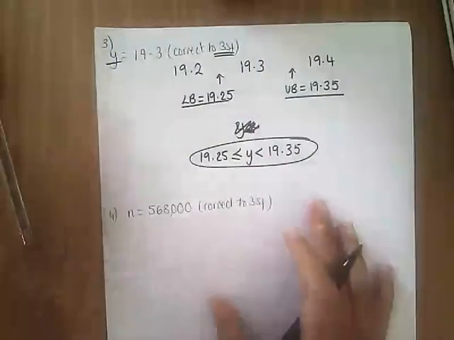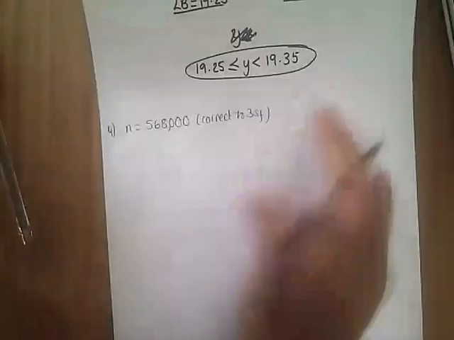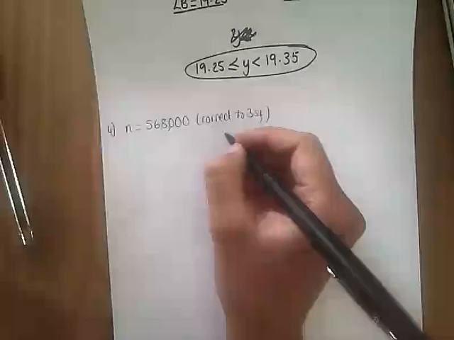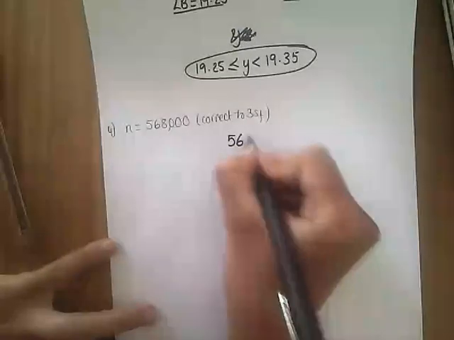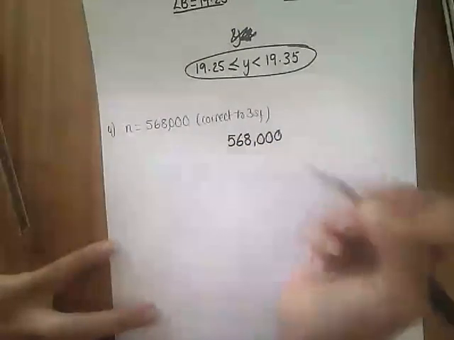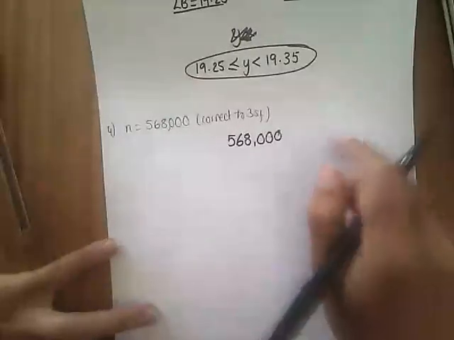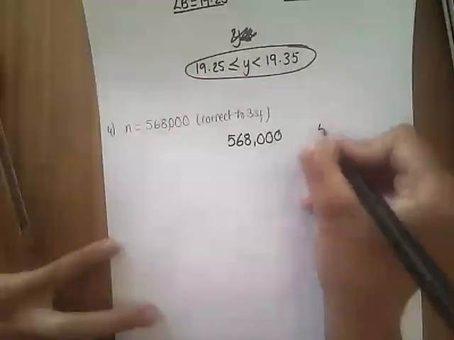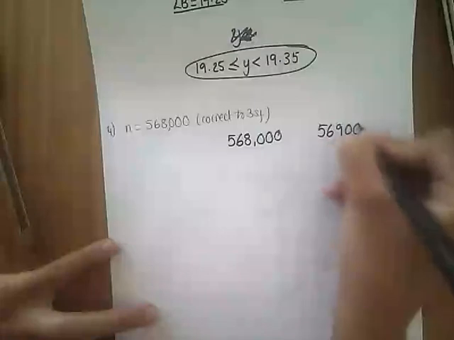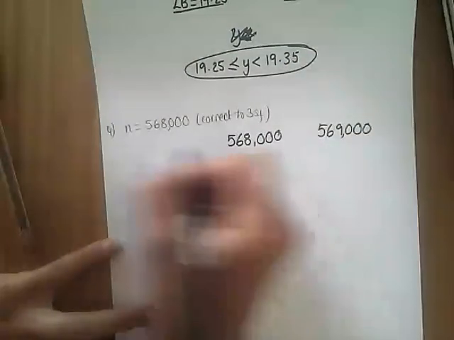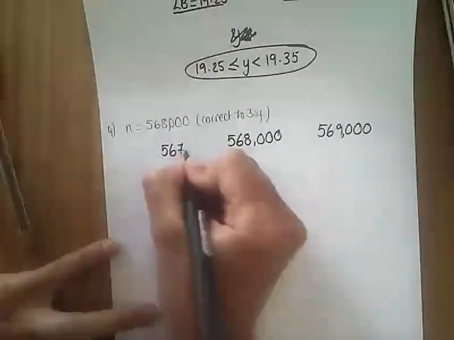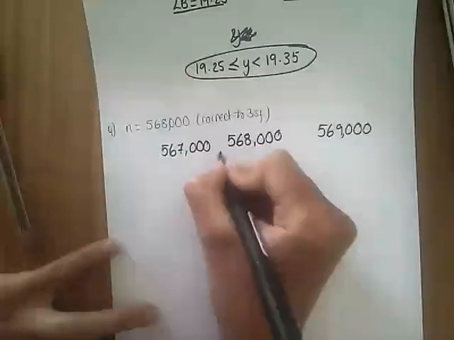Okay, and the last one, n, is 568,000, correct to 3 significant figures. So put 568,000 in the middle. We want to go 3 significant figures, but it's got to be higher, so 569,000, and 567,000. We've then got to go halfway between.